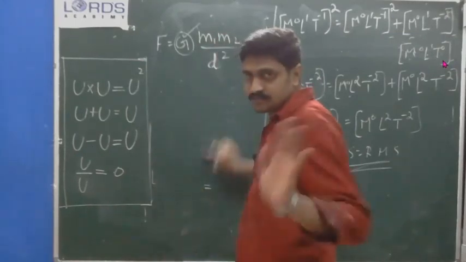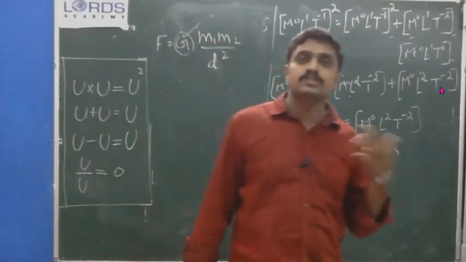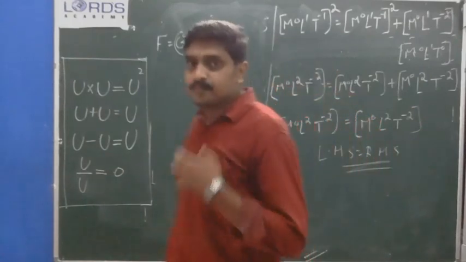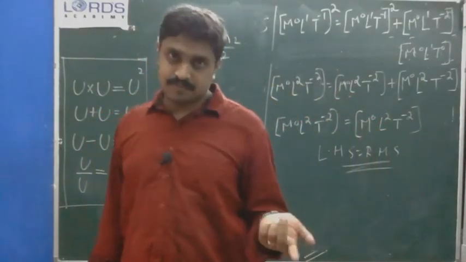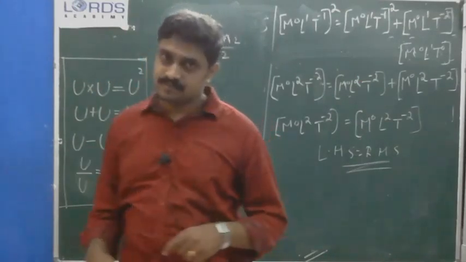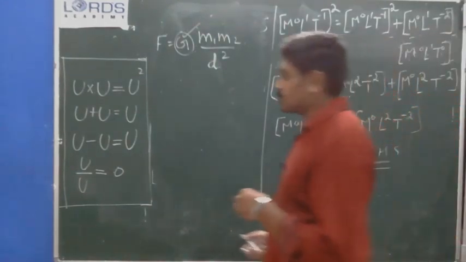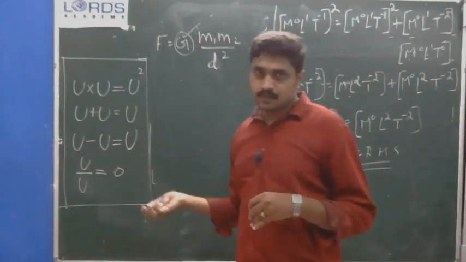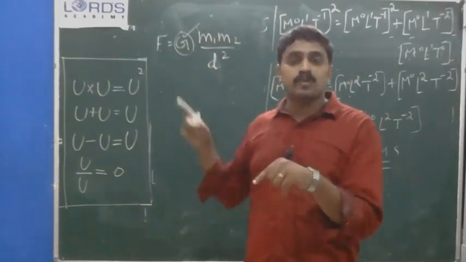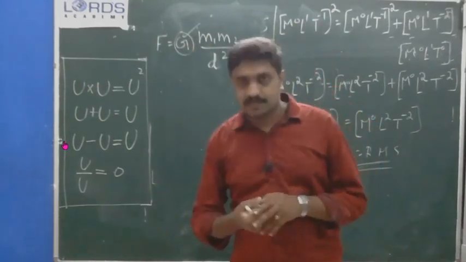First find the unit of G, the universal gravitational constant, then find its dimensional formula, substitute it, and try again to prove it. Then check whether the equation is dimensionally correct or not.